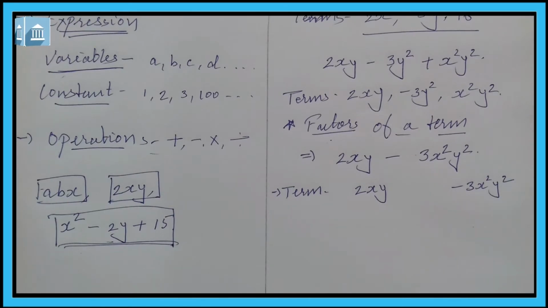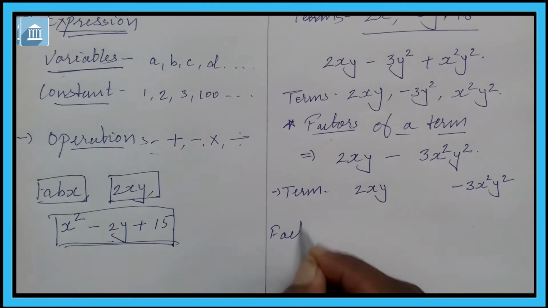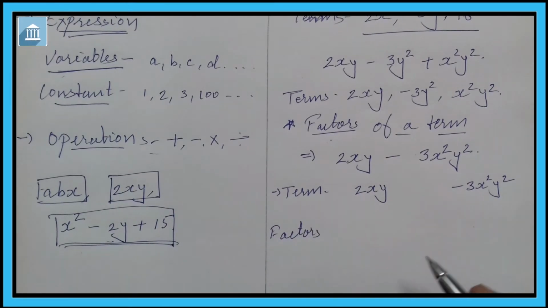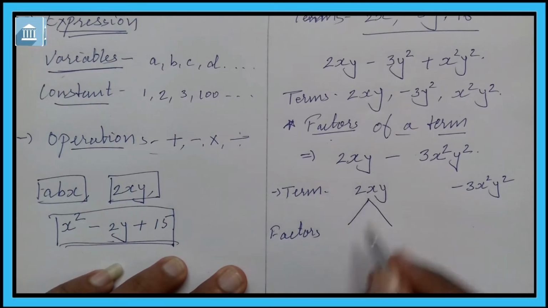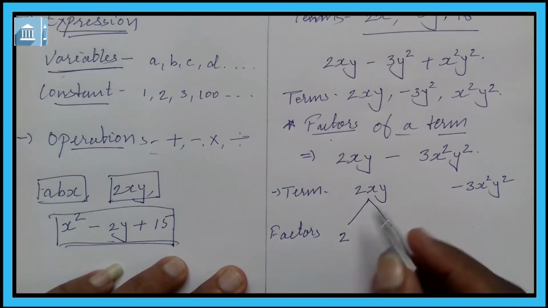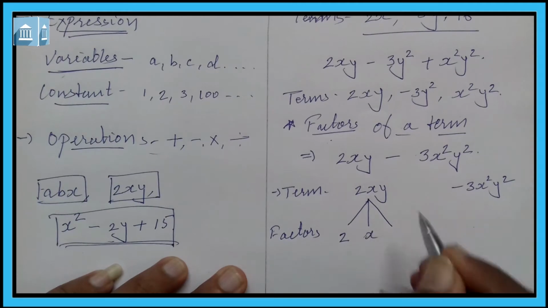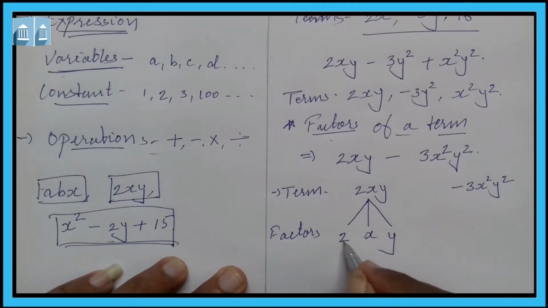Now to find the factors of these terms, we have already done something like prime factorization. Here also we have to find the factors. So for 2xy, one factor is 2, another factor is x, and another factor is y.